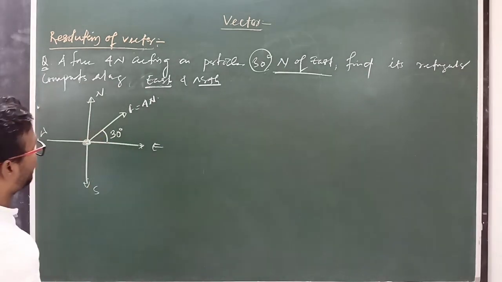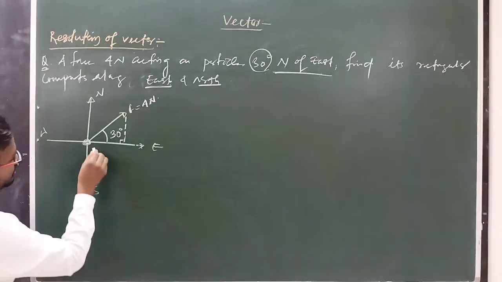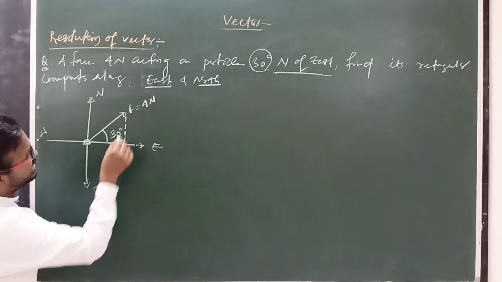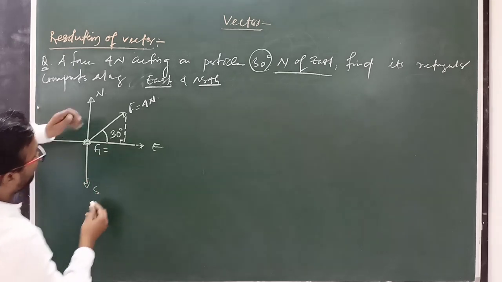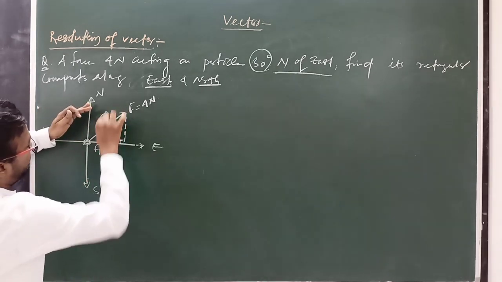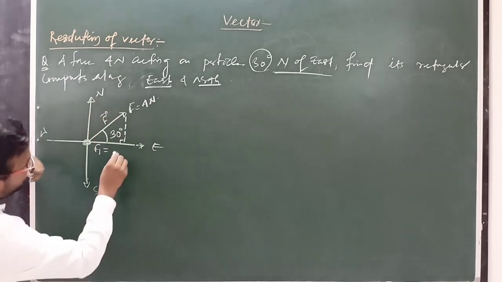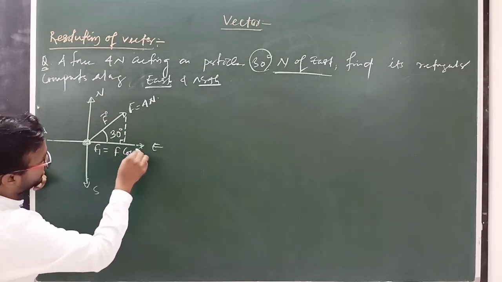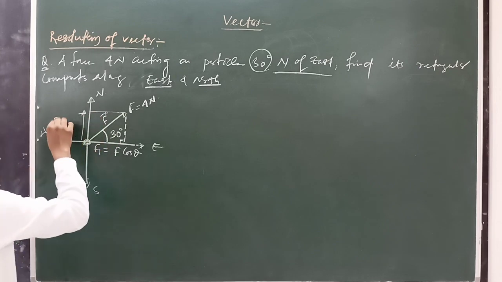Now we have to resolve it into rectangular components. Suppose I write F1 here, and F1 along this direction is F cos theta, and along the other direction F sin theta.